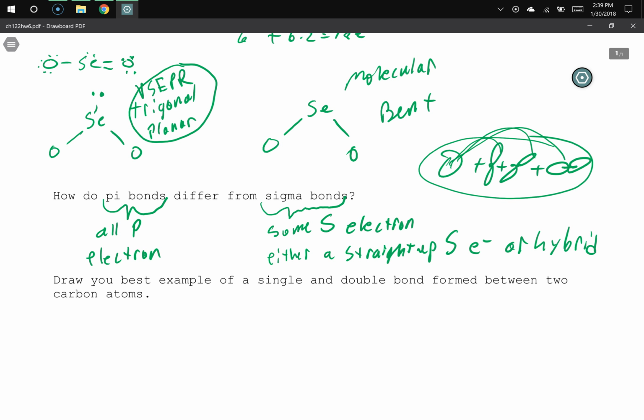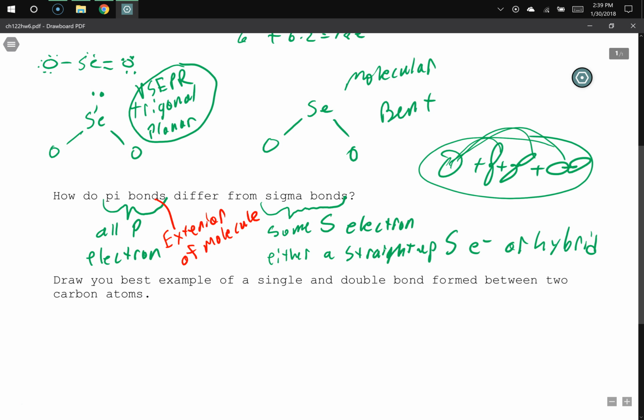What else do you want to say about them being different? The pi bonds are very accessible to anything that might interact with the molecule because those electrons in that pi bond are in the exterior of the molecule.